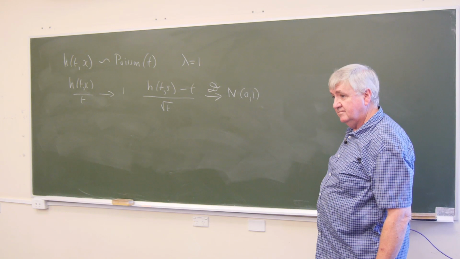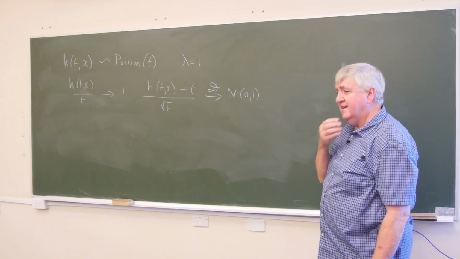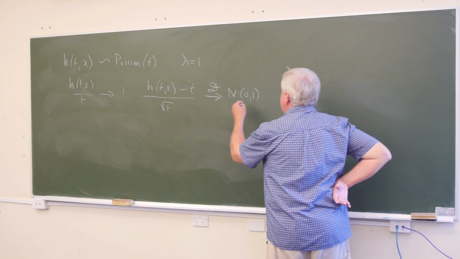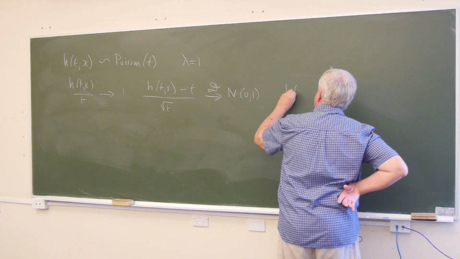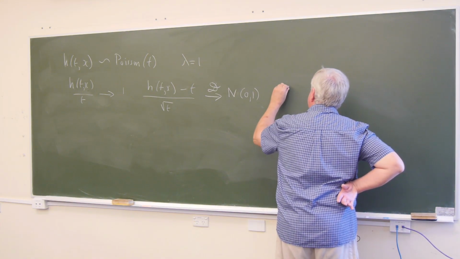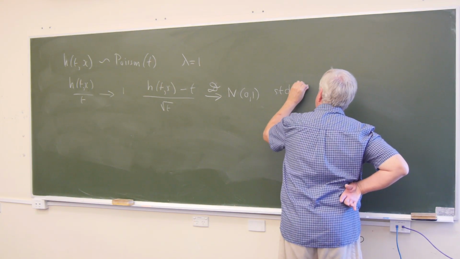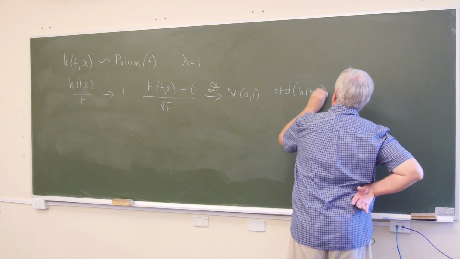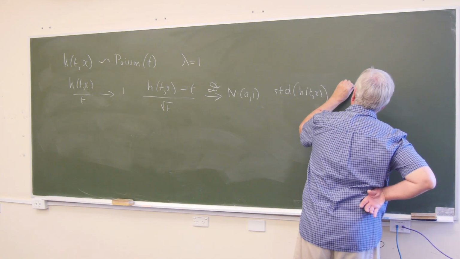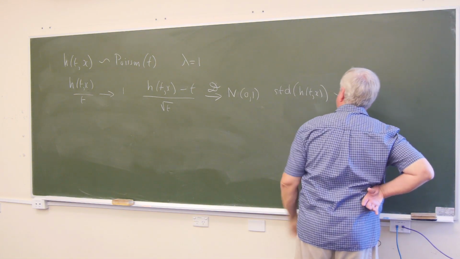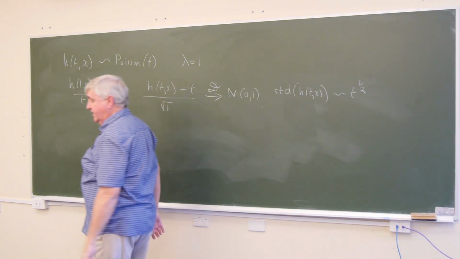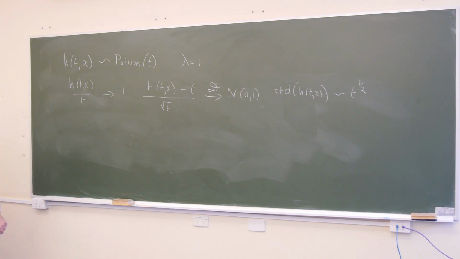In particular, the standard deviation, I'll write std of h t of x, is t to the half. So we grow at a linear rate 1, but the fluctuations grow as t to the half. The variance is t.